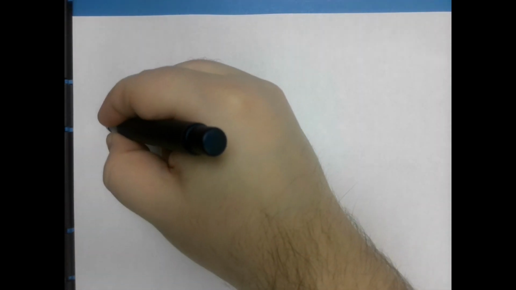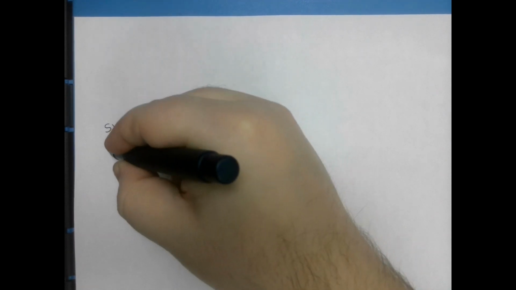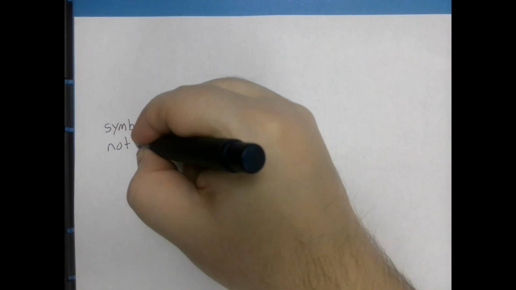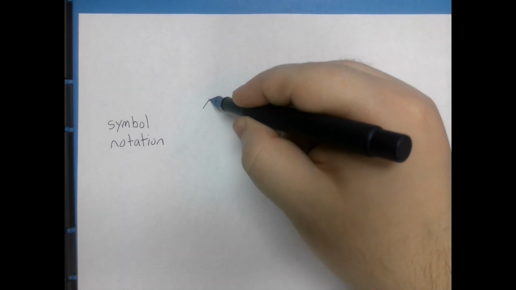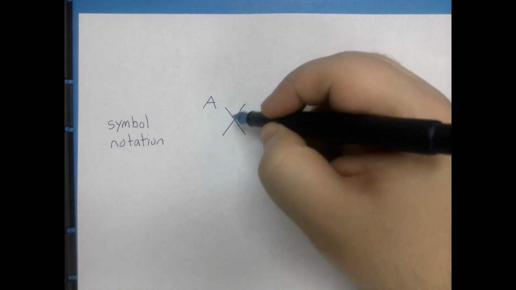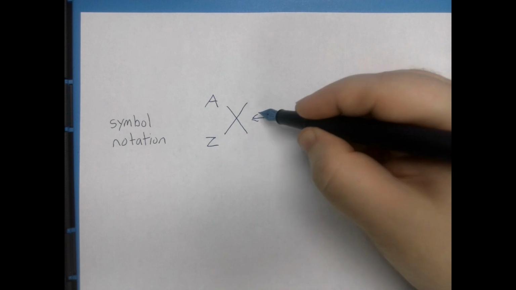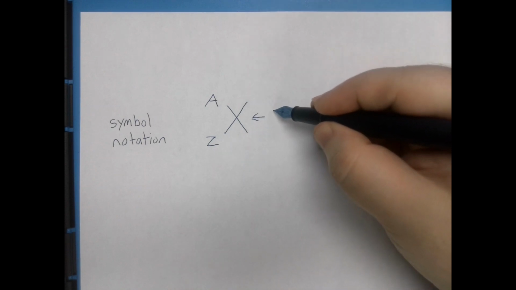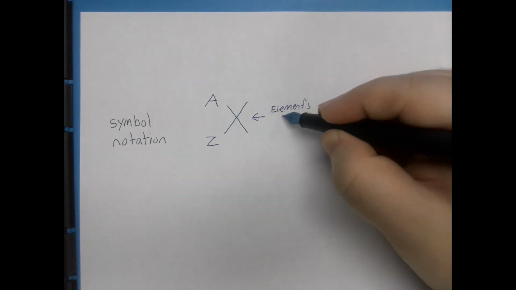So we can have it in symbol notation. So we have something here. This is the element symbol.